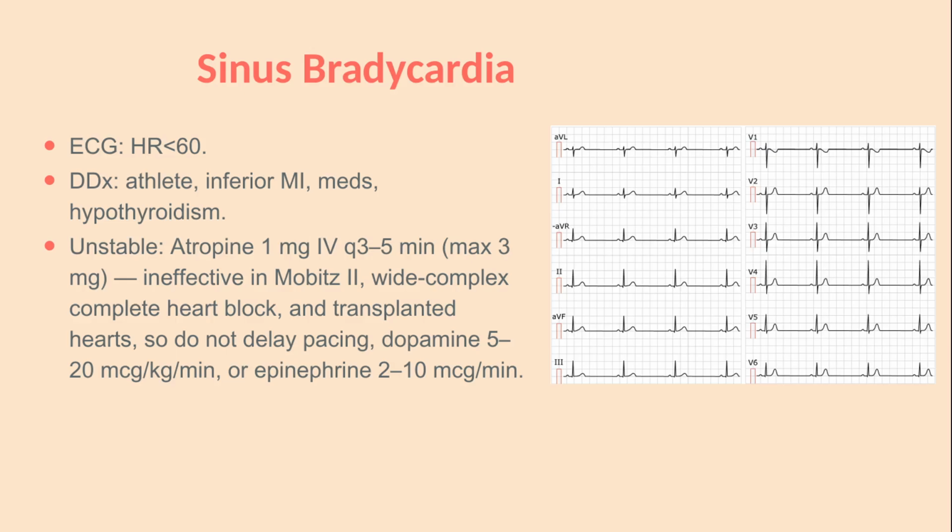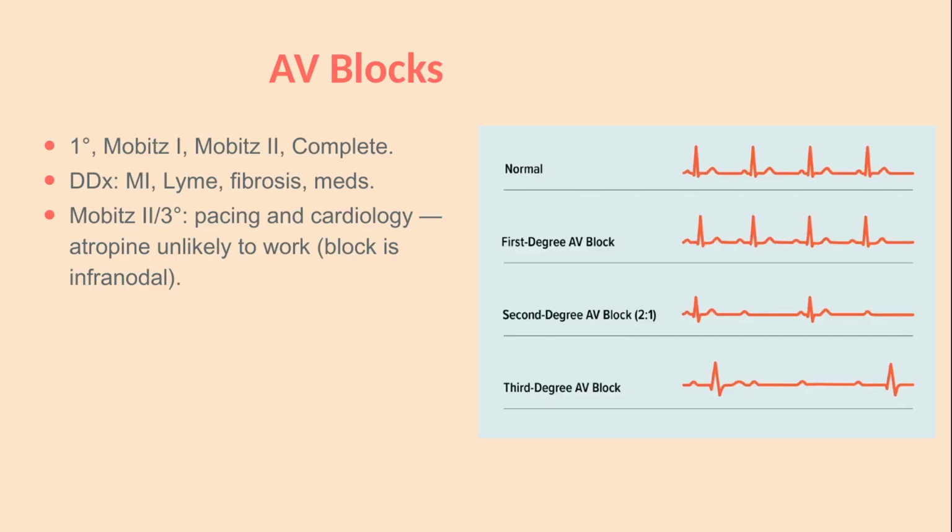Dopamine at 5 to 20 micrograms per kilogram per minute, or epinephrine at 2 to 10 micrograms per minute, titrated to perfusion. While treating, hunt the cause. Review the medication list. Check a digoxin level and an ECG for inferior ischemia and send thyroid studies when the story fits.